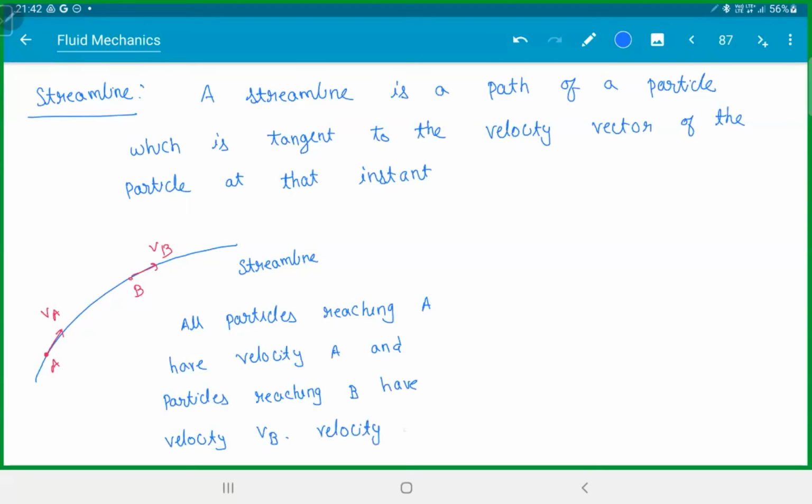Velocity is changing with time, but velocity at a point is constant. Got it?